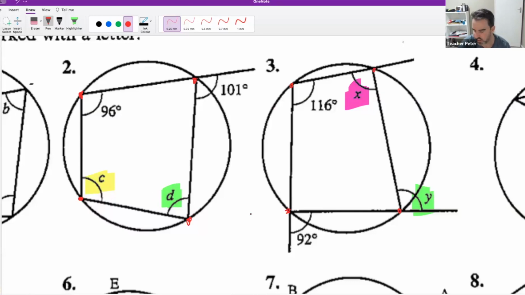Now tell me what these angles are, and then we'll also put the reasons in. And just say done in the chat when you are done.